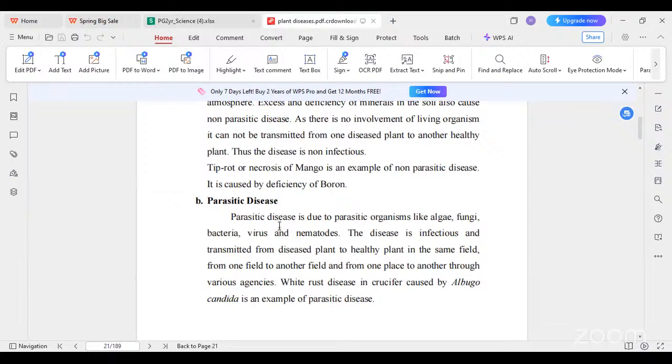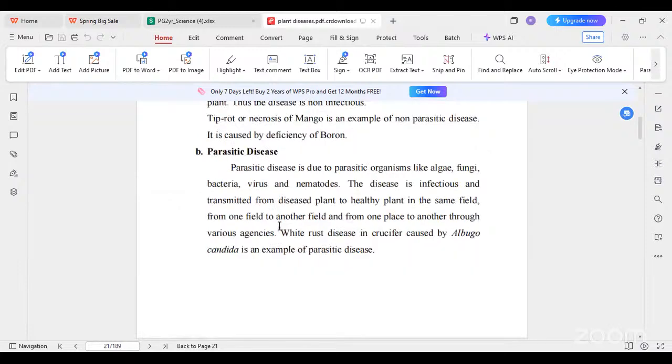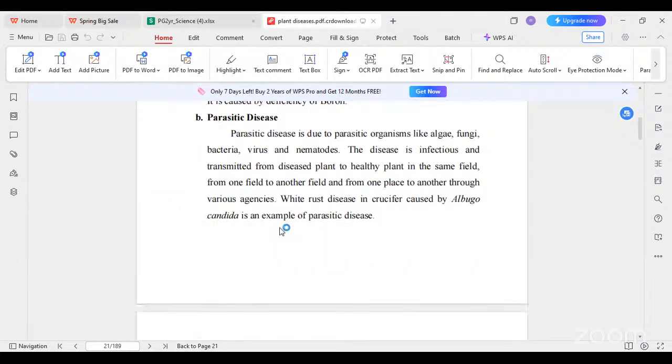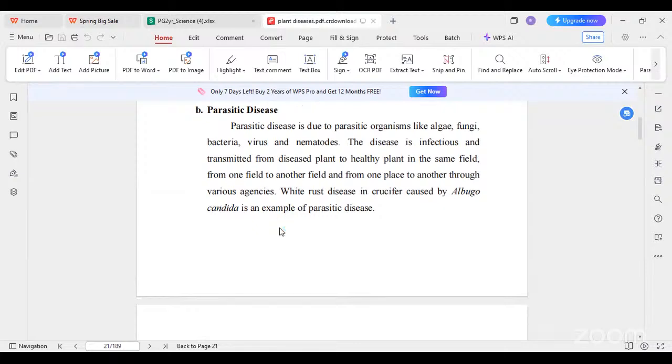The tip necrosis of mango is an example of non-parasitic disease. It is caused by deficiency of boron. The parasitic disease is due to parasitic organisms like algae, fungi, bacteria, and nematodes.